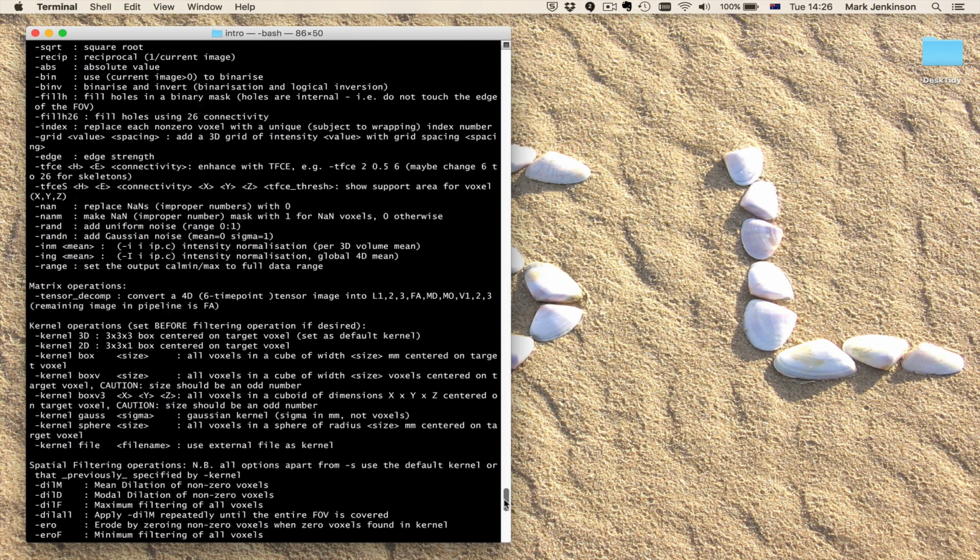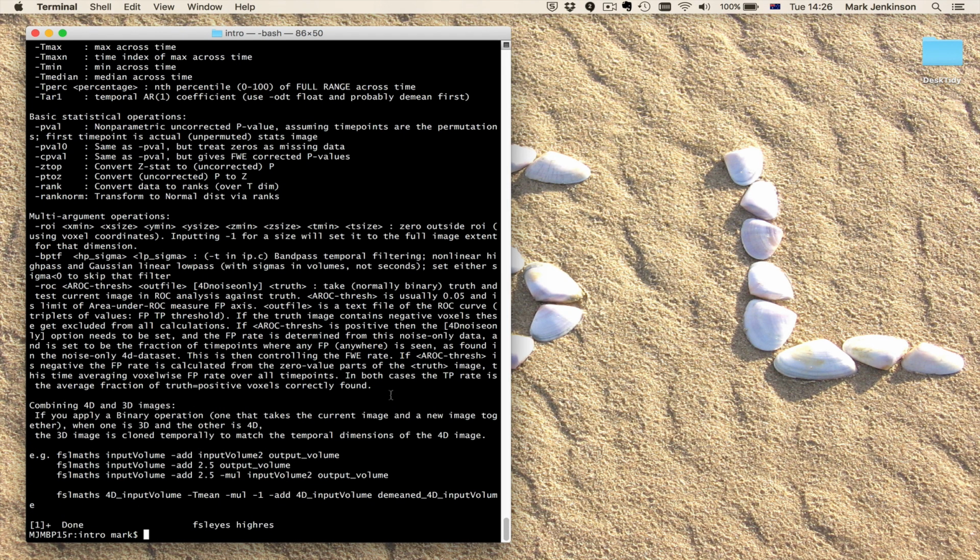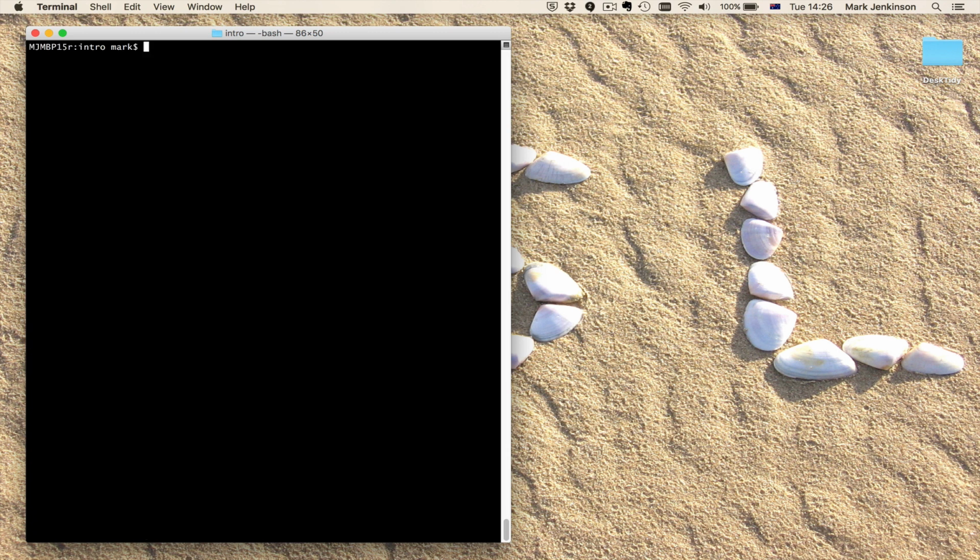The first thing that we're going to do is actually subtract one image from another image. So we will start with the command FSL maths, and then the first input is the actual input that we will start off with, and then we will subtract the second image that we will enter into this command line. And then the last input here is the name that we want to give to the output of this subtraction.